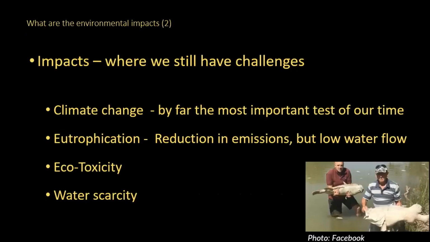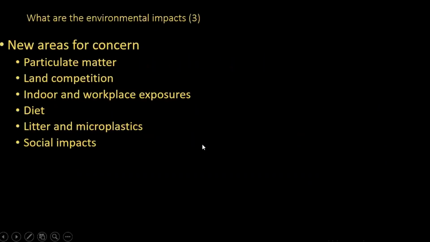So I think eutrophication, as it's called, is still a significant challenge. Ecotoxicity, probably still an issue, and water scarcity. I have here in the existing challenges, we knew it was a problem, but it probably, with the influences of climate change, will increase in its importance over time.